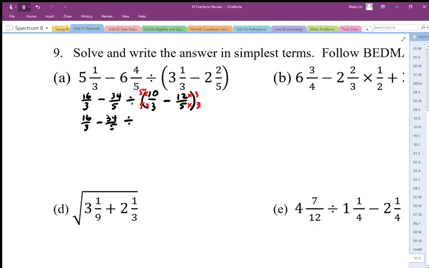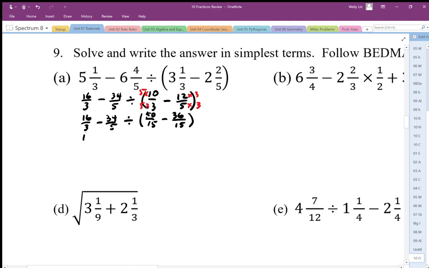So we end up with 50 over 15 minus 36 over 15. Okay, so that's going to end up being 14 over 15.